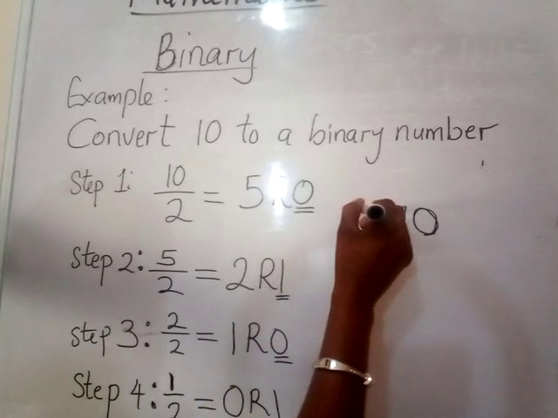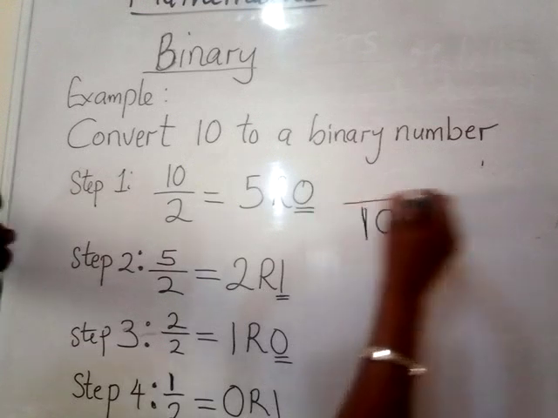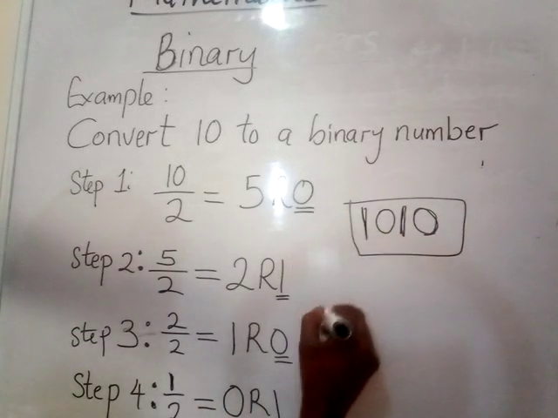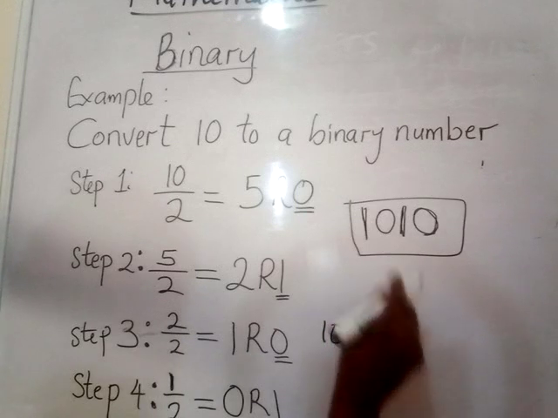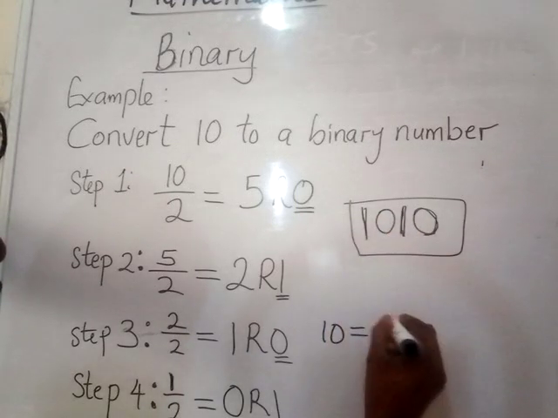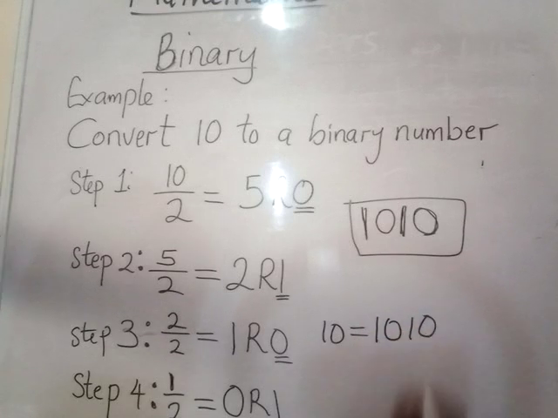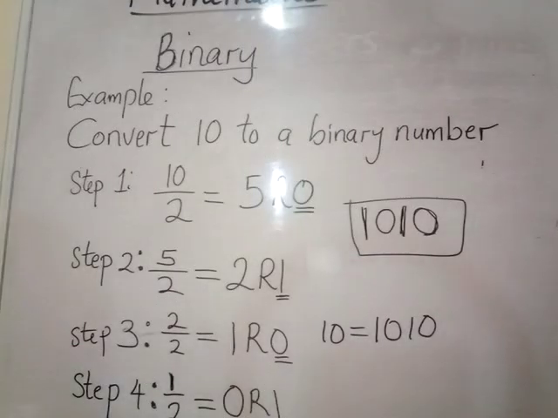So that 1 comes right here. So 10 in the binary system is 1010.